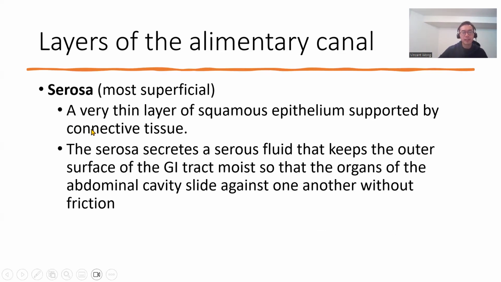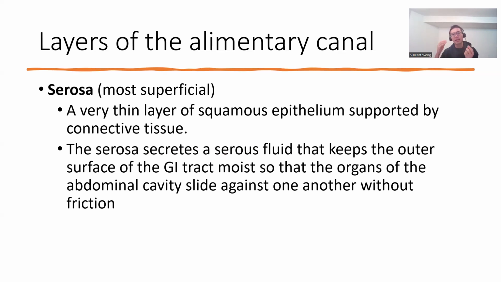And finally, on the very outside, we have the serosa. Serosa is very thin. It's made up of squamous epithelial cells. Squamous means flat cells, right? And it basically secretes a lubricating fluid called serous fluid to keep the surface of the GI tract moist. Because when the food is moving through, the small intestine is kind of rubbing against itself.